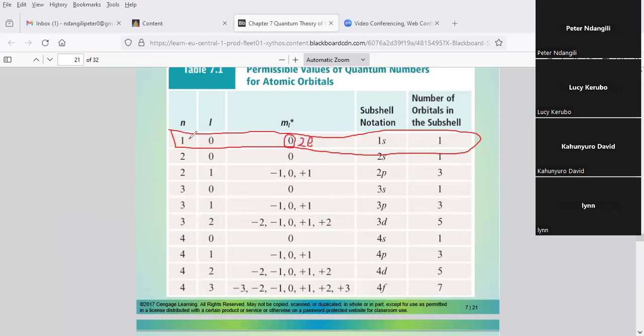So for n is equal to 1, you can only have 1 possible ML value, and therefore the maximum electrons that you can have are 2. When you look at n is equal to 2, this is how we are going to get the number of electrons. This one is going to give us 2 electrons.